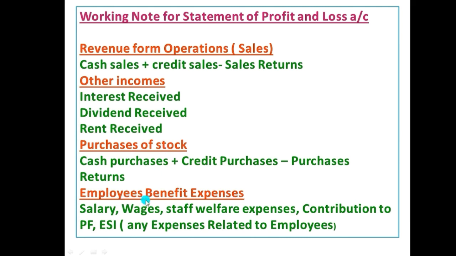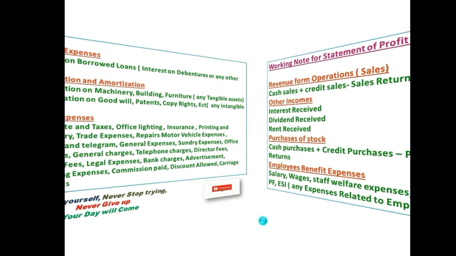Next is employee benefit expenses; we need to open the working note. Under this, we need to record salary, wages, staff welfare expenses, contribution to PF, ESI, any expenses related to employees. We should record under this, and the total amount we should record under employee benefit expenses in the profit and loss account.